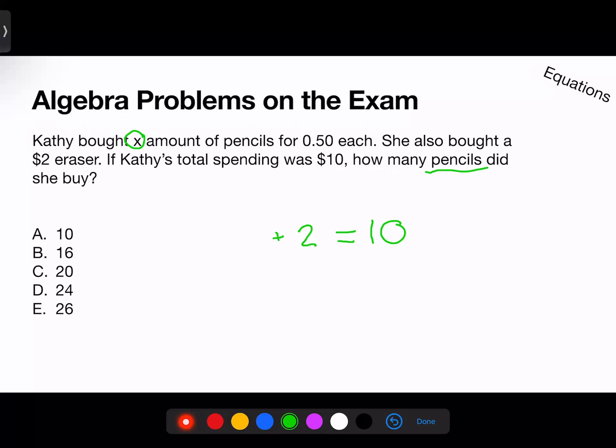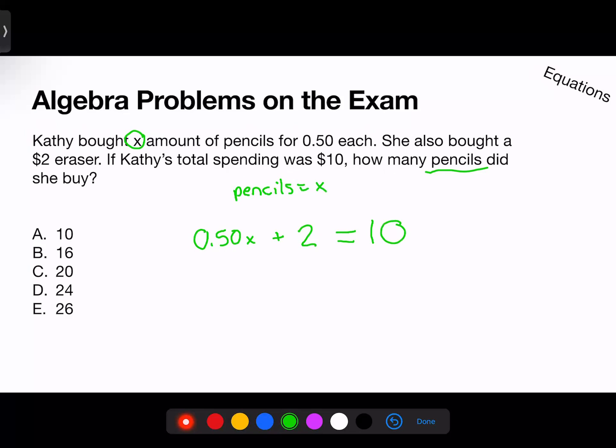Then the number of pencils, x, can be multiplied by 50 cents. 50 cents x. Now let's solve for x. To isolate x, let's get rid of the other terms.